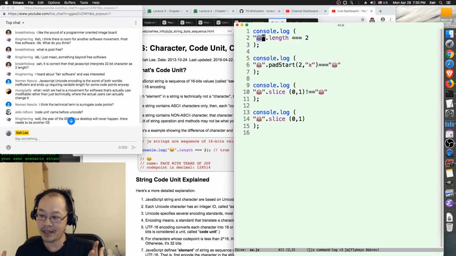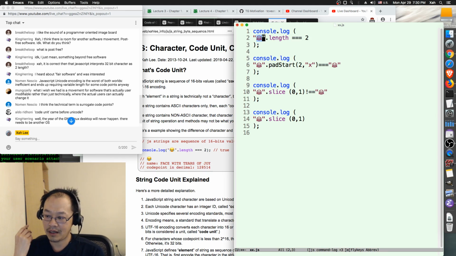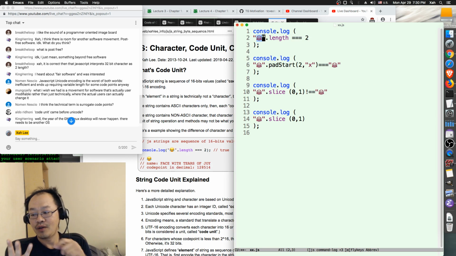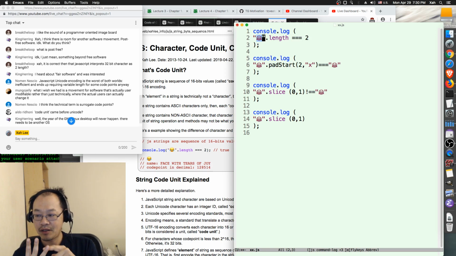Now remember, encoding is a process to turn a character into a binary sequence, and Unicode defines three of them. You have UTF-8, you have UTF-16, you have UTF-32. Now UTF-32 is the simplest of them all.